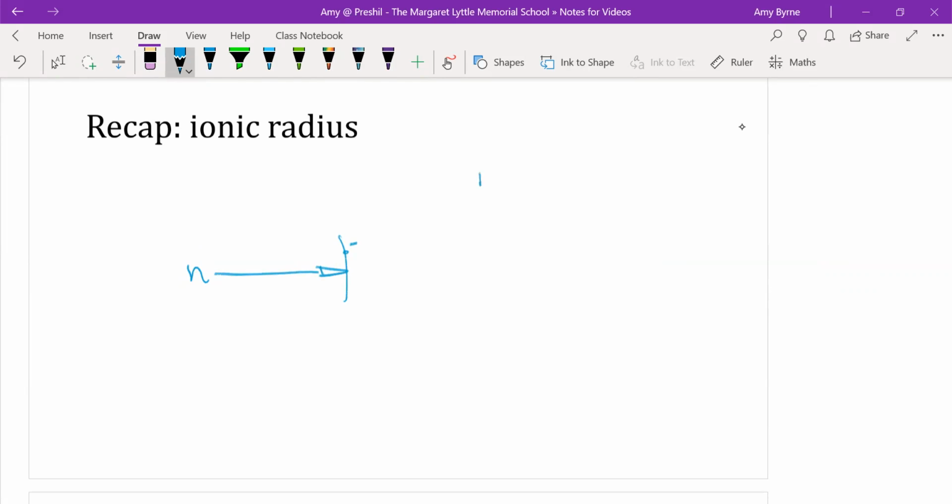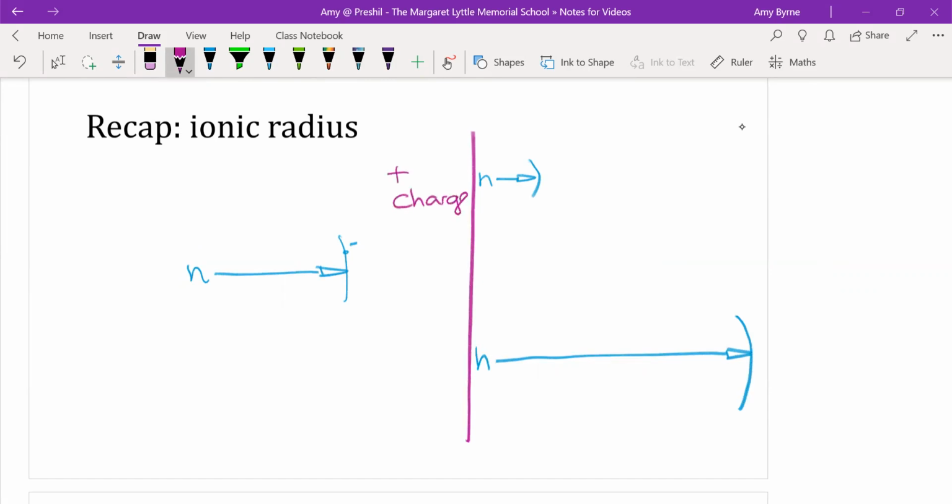So if I've got a small ionic radius versus a big ionic radius, what we are talking about is the distance from this positive charge center to that outer shell of electrons where it's attracting the next ion along in the case of an ionic, or how close it is to attracting the delocalized electrons in the case of a metal.